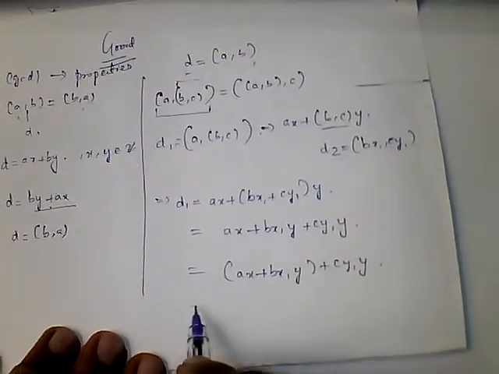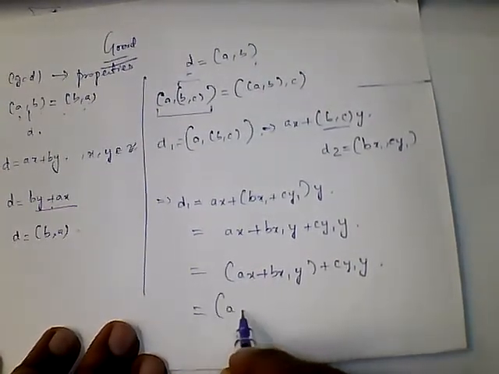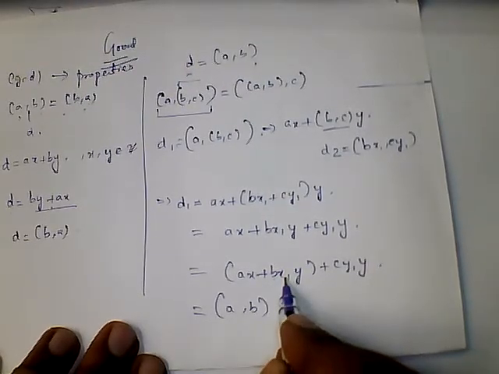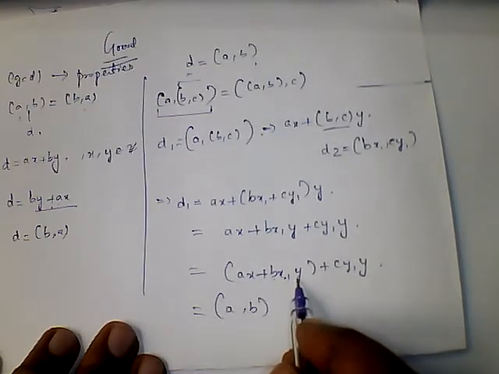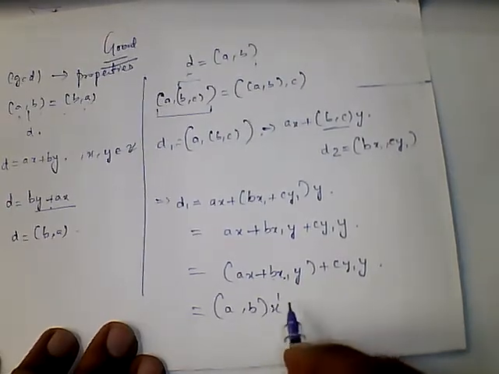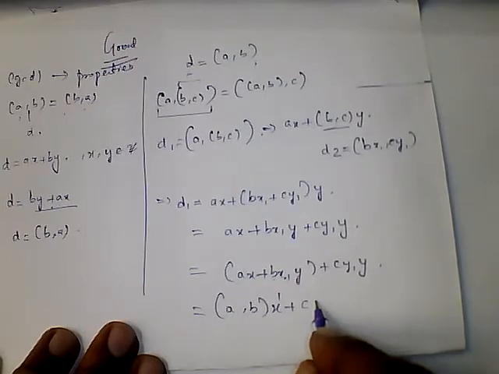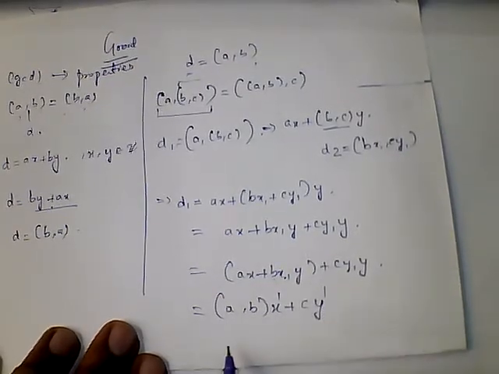From this I get the GCD of a comma b. Alright, I'm using these integers: x1y as x dash, some integer, and y1y as some other integer that I'm considering as y dash.